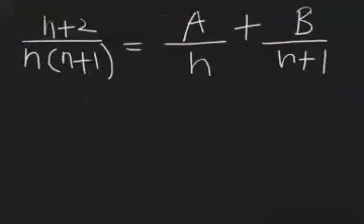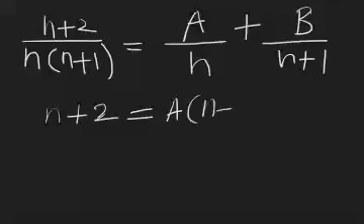So here I cross multiply by n times (n plus 1), then I get this equation: a times (n plus 1) plus bn.